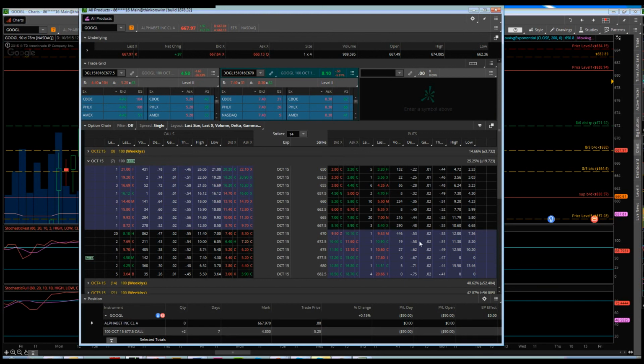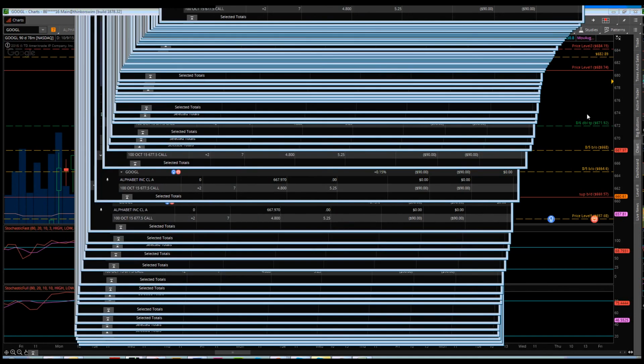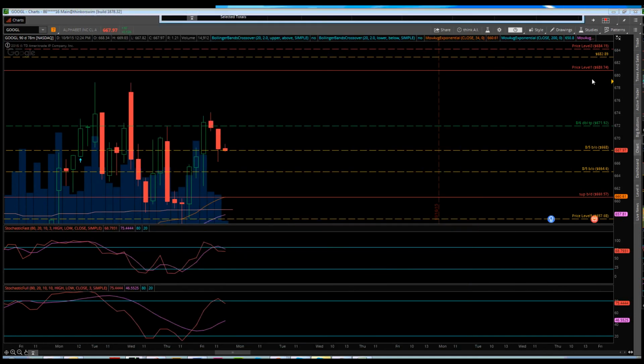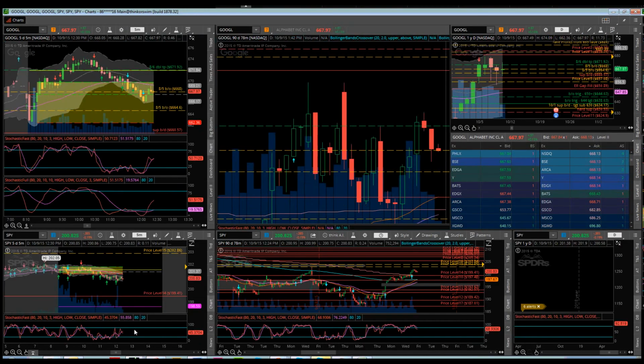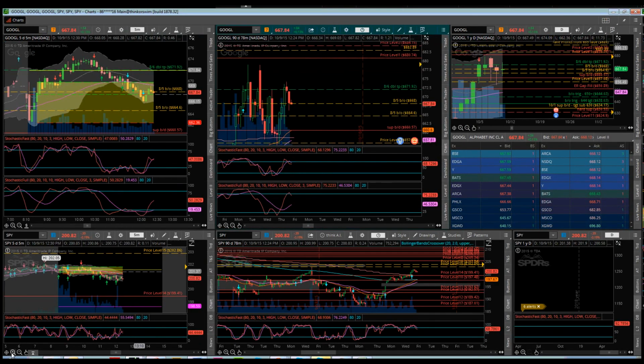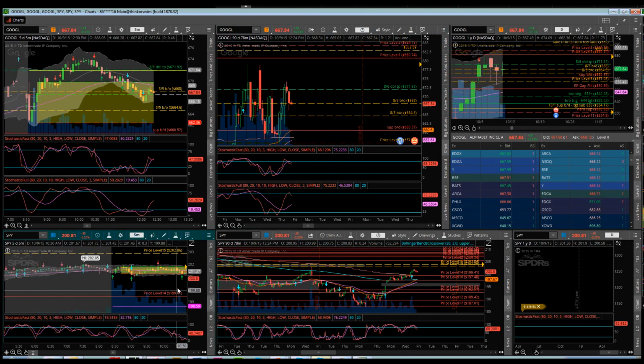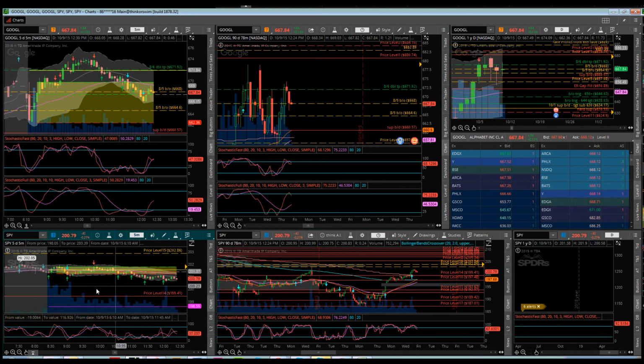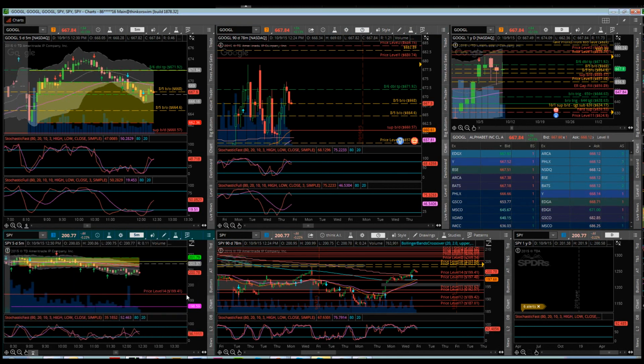If it looks like we're getting a little bit more downside here in regards to the SPY, let's take a quick glance at that. Then we may just forego that last entry and save ourselves the hassle and just stop out of the position. It's safer.